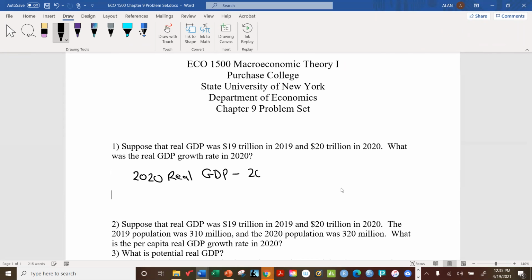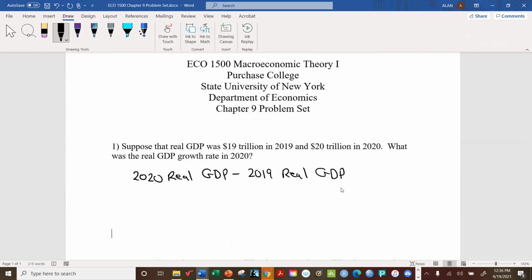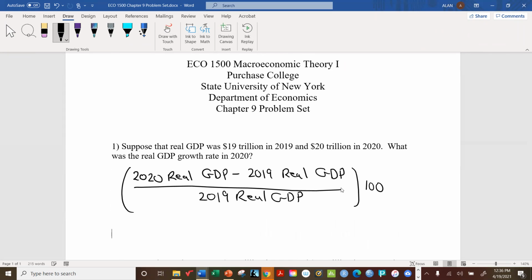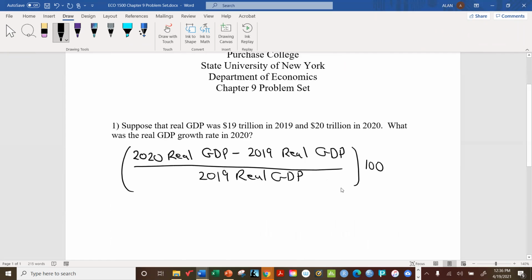So what we're seeing here is the 2020 real GDP minus 2019 real GDP, all divided by 2019 real GDP. And at the end, you can multiply that by 100 to turn it into a percentage. That's the only reason it's there. So now real GDP in 2020 is 20 trillion. We don't have to write all the zeros.